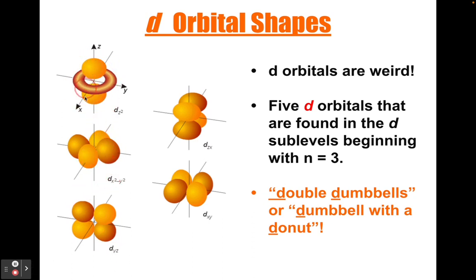This one is a dumbbell with a donut. That's kind of weird. Again, this is the probability map of where you'll find an electron at this energy level and sublevel. If you have an electron in a d orbital, it has a 90% probability of being in this area here. It has a very low probability of being outside. So these are weird shapes.